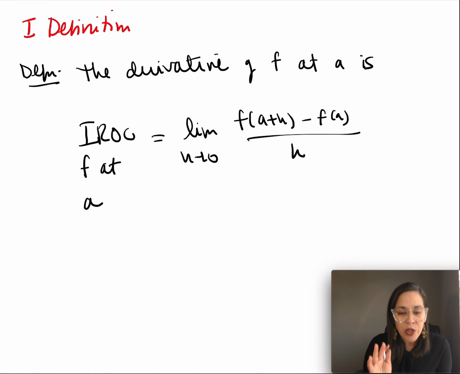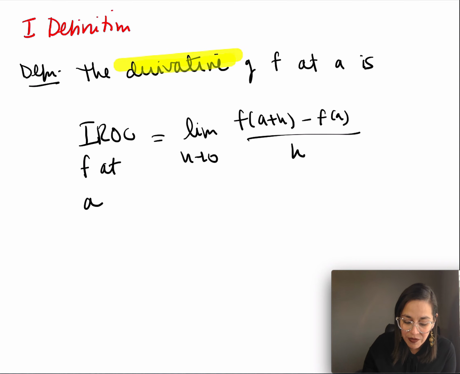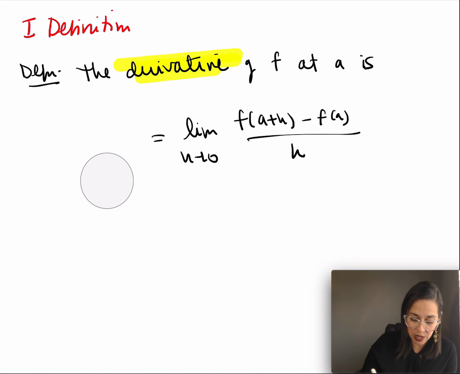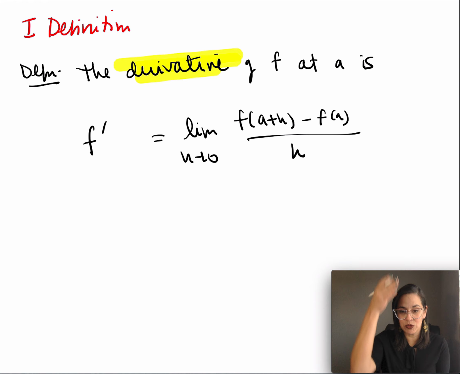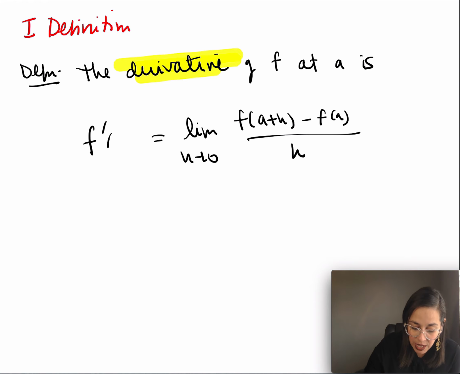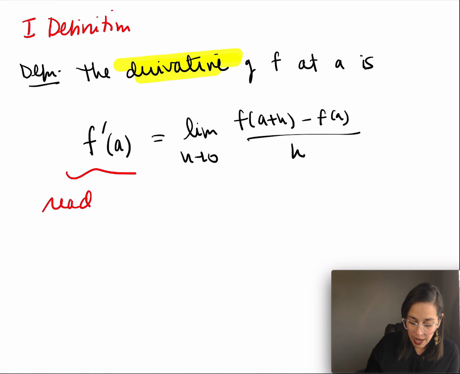Okay, so now that we're going to define this as the derivative, we need some notation. The notation will be f, a little apostrophe, and then of a. And this we're going to read as f prime of a.